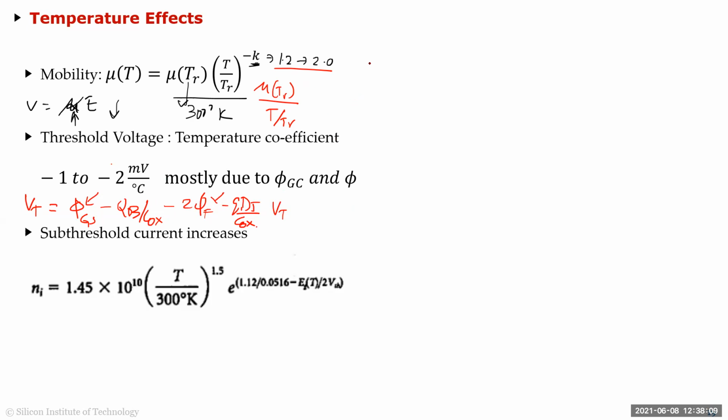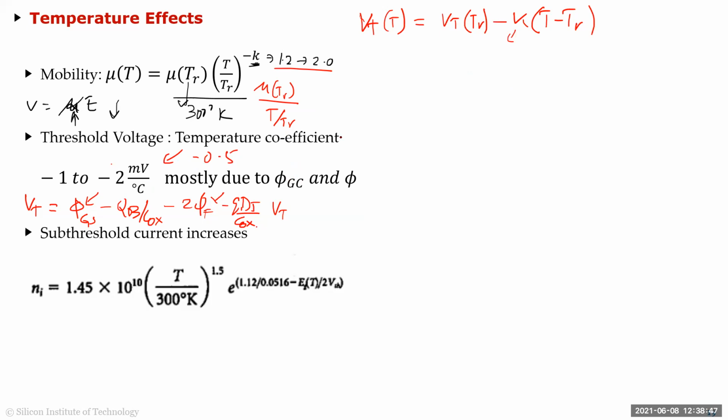You can write VT as a function of temperature, which is equal to VT at some reference temperature, let's say 300 K, like we did here, plus some constant times T minus T_ref, the reference temperature. And this is your temperature coefficient, which here I've shown as -1, or sometimes even -0.5 to -2 millivolt per degree centigrade. In other words, every degree, your VT is going to change by 1 to 2 millivolts.